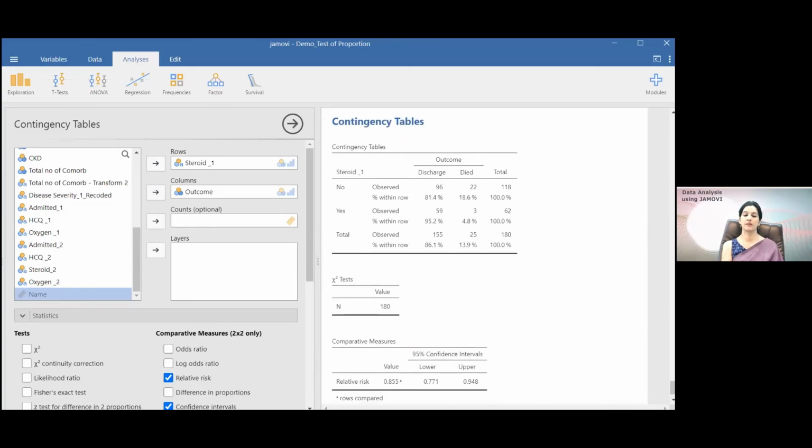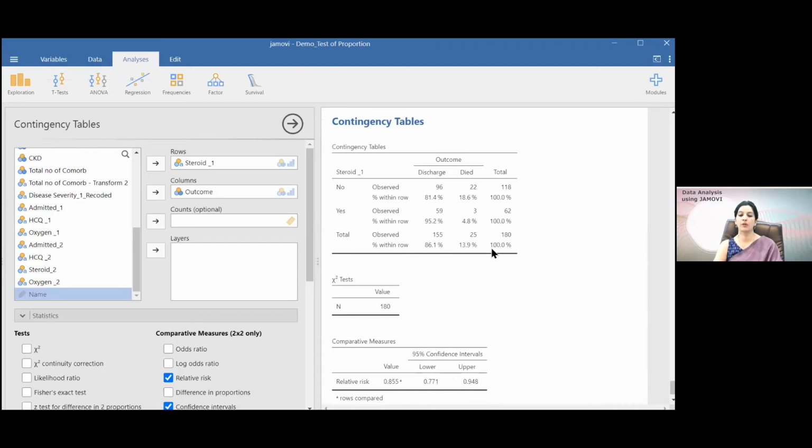So this relative risk value is 0.855. So this relative risk is the relative risk of getting discharge in those who were taking steroid. So this 0.855, and this was significant because it is not crossing 1.